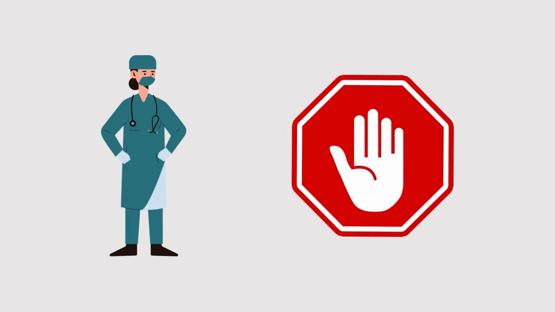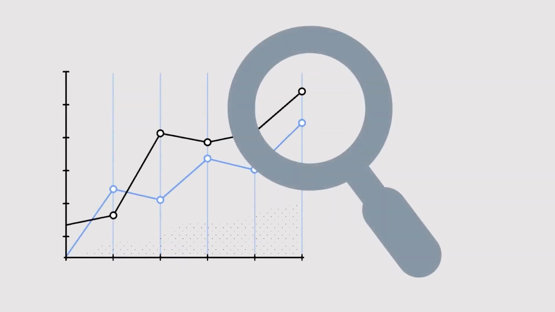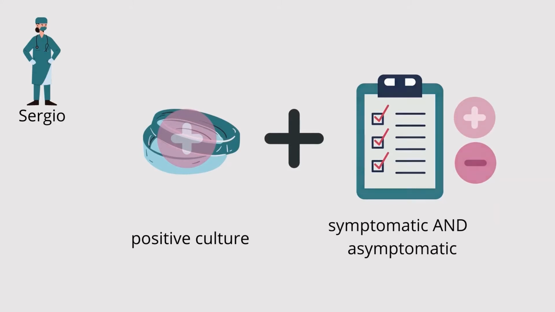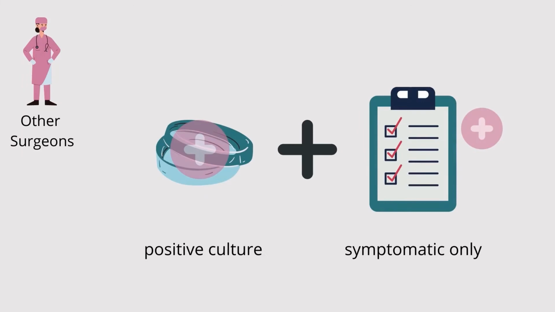After a closer look, it was discovered that the surveillance case definition included all surgical patients who had a positive culture with or without symptoms of infection. For other surgeons, the case definition included positive cultures and clinical signs of infection.